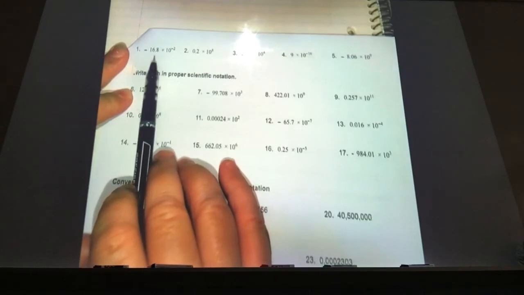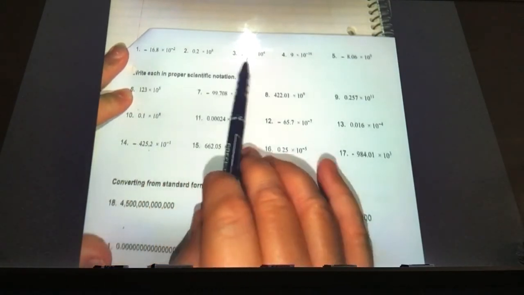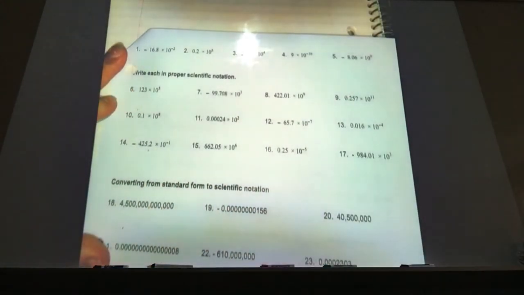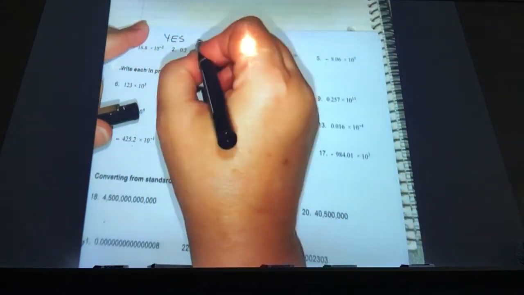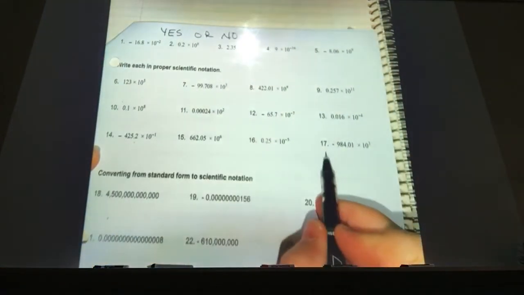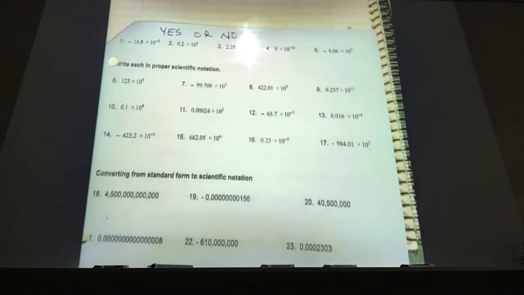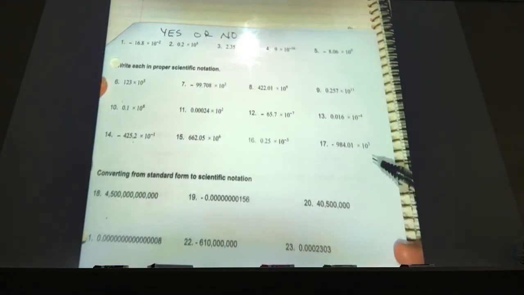Okay, your job is the rest of this. So on the back or on the second page here, you're going to take and put each of those in proper scientific notation. Oops, that's not true. On these ones, you just have to say yes or no. Are they in proper scientific notation or not? Then on 6 through 17, those ones you have to put in proper scientific notation.